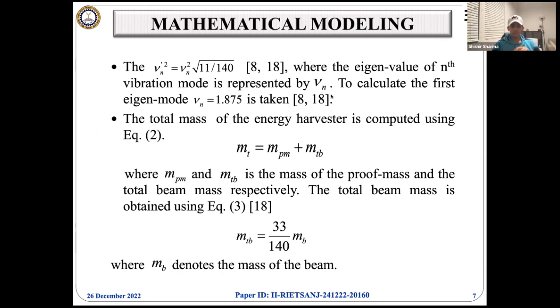And the way we calculate the total mass for the energy harvester, not proof mass, for energy harvester, is the summation of the proof mass and the total beam mass. And this also came from a reference that the total beam mass is 33/140 times the mass of the beam.